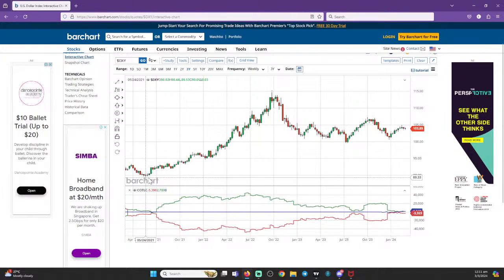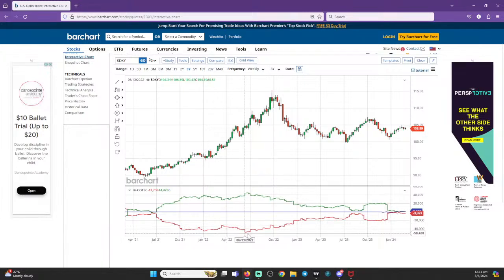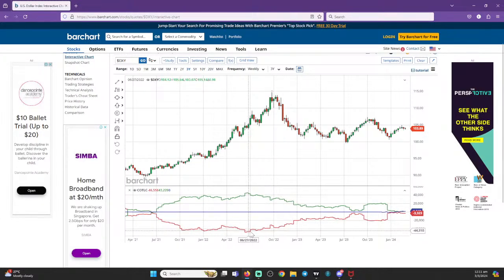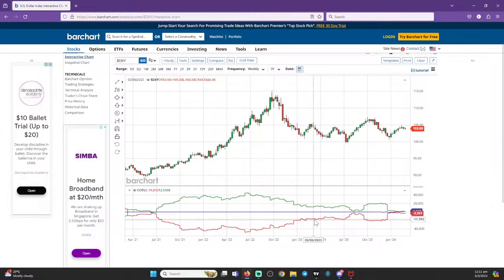Right here, as prices are rallying, they are building their short positions, and then from this point onwards they are covering their short positions. As you can see, the value gets smaller as it goes down here, so they're all covering, and then when they are down here, it's pretty much neutral shorts.